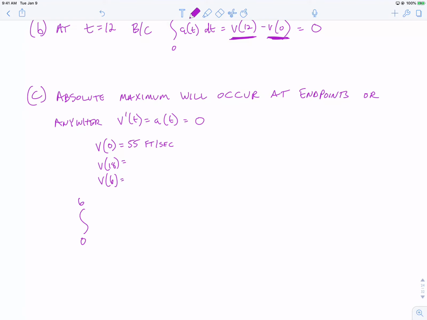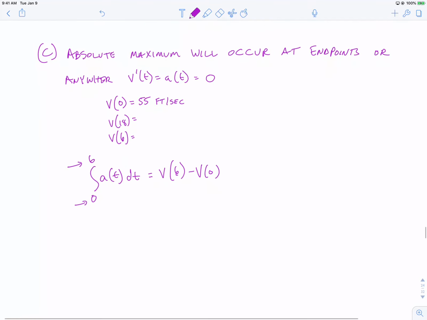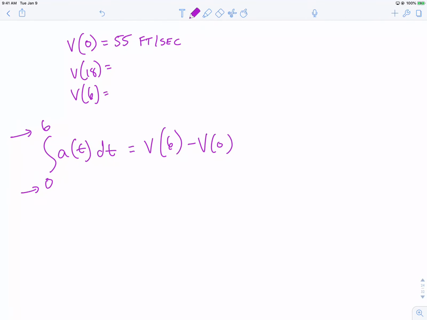Why do we choose those? Because I have the velocity at time 0, and I'm looking for the velocity at 6. That can be equal to the velocity at 6 minus the velocity at 0, and we can solve this for the velocity at 6, which is what we're looking for.